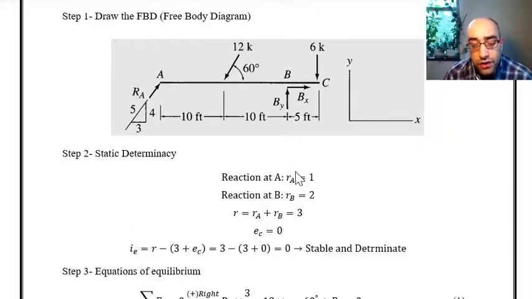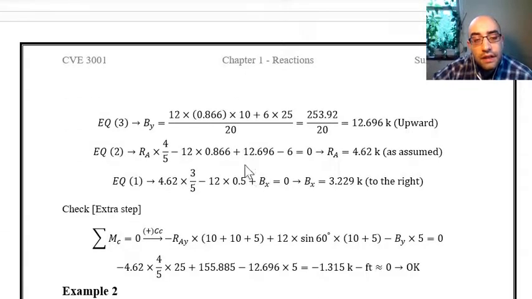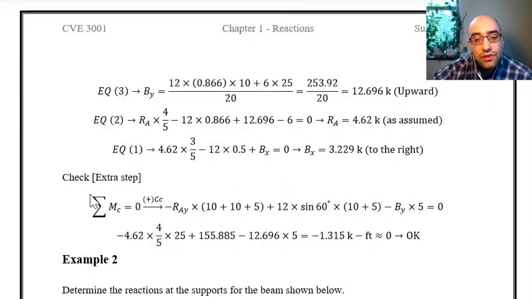We could find the reactions, but I always have one extra step, which is checking the values, and for that we can write an additional equation. That equation can be any equation, doesn't matter which equation it is, just one additional equation to check if the values are right or not.